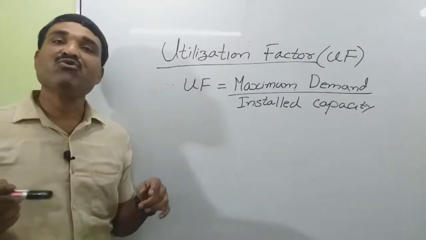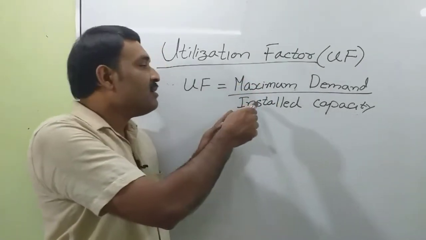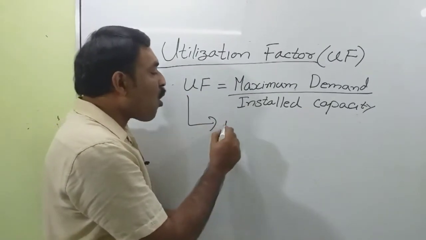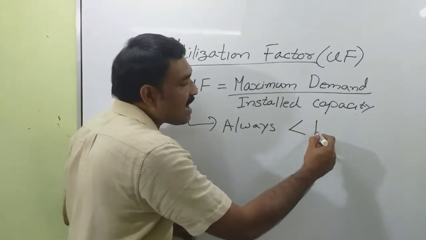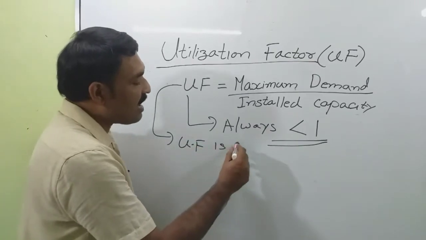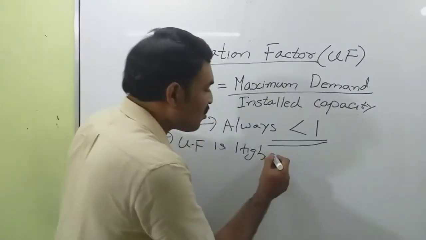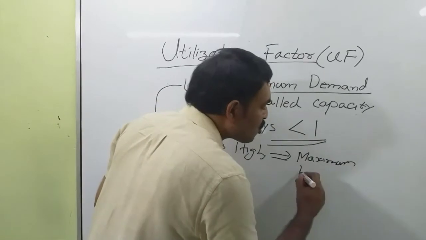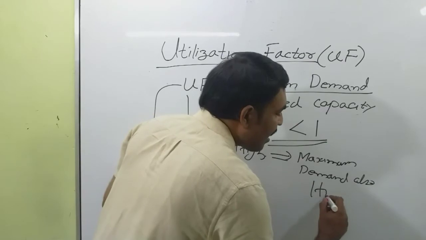This is utilization factor. It is defined as the ratio of maximum load demand to the installed capacity of the plant. It is always less than 1. If the utilization factor is high, that implies maximum demand is high.